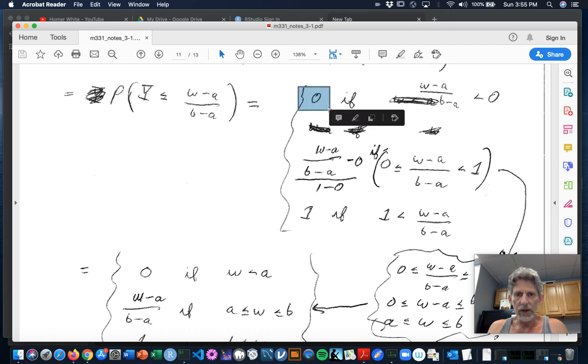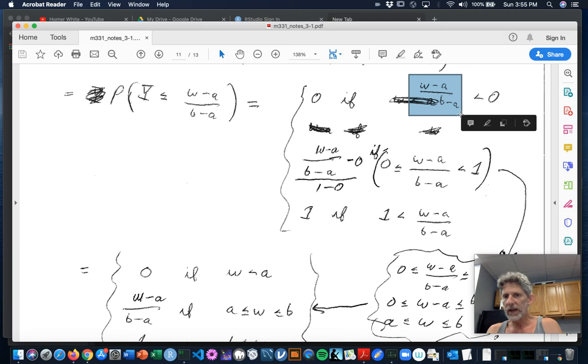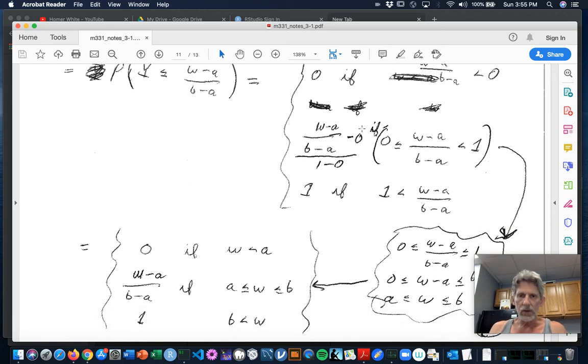So it's got to be 0 if the number they're asking about, w minus a over b minus a, is less than the left-hand endpoint. Got it. Now, in the middle, it's got to be my number minus my left-hand endpoint over right-hand minus left-hand if the number they're asking about is between the left hand and the right hand endpoints.